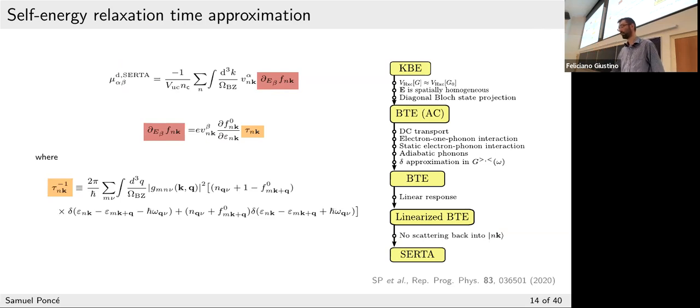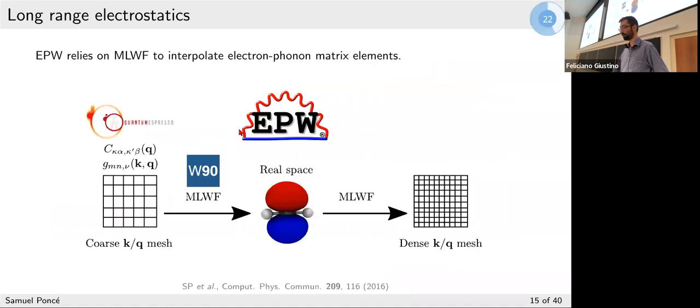So you now have a direct connection between the mobility and the imaginary part of the electron-phonon self-energy. This is why we call it the self-energy relaxation time approximation. And this is the most approximate way for this Boltzmann transport equation.